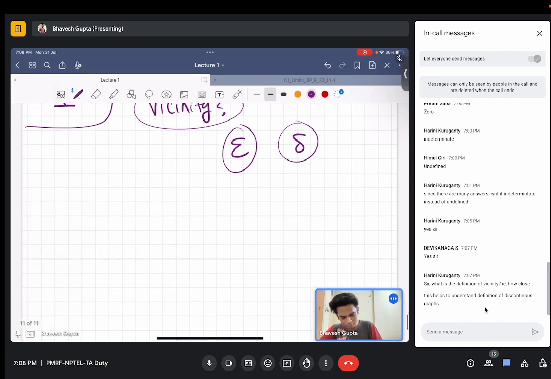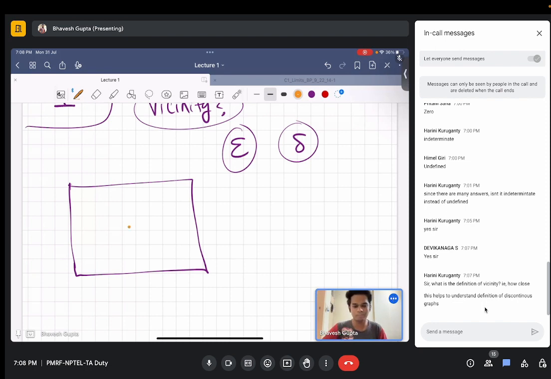Let me give you a simple example. Let's say I have a rectangle and there is a point somewhere here. I can't work with this point because somehow I'm unable to do an experiment on this point. I cannot create this point. It's very hard.